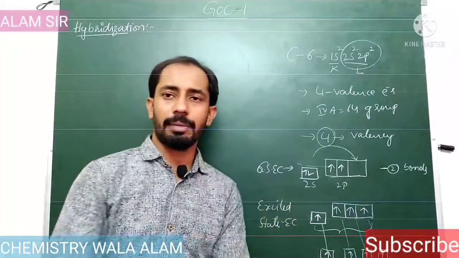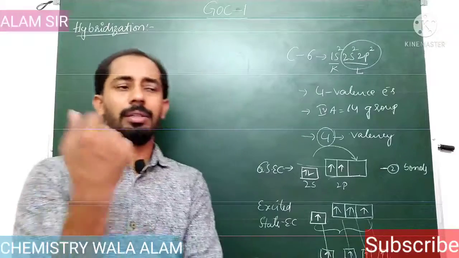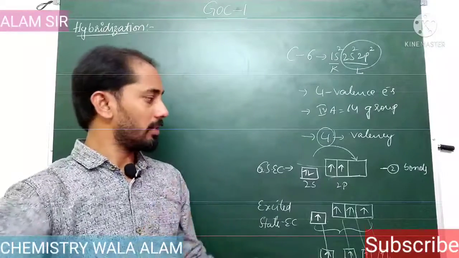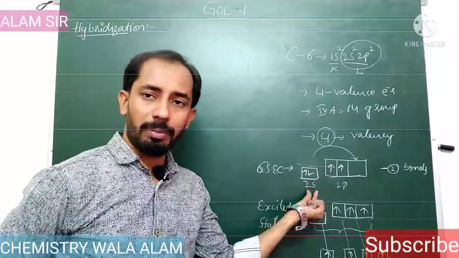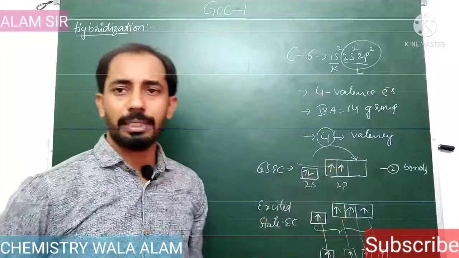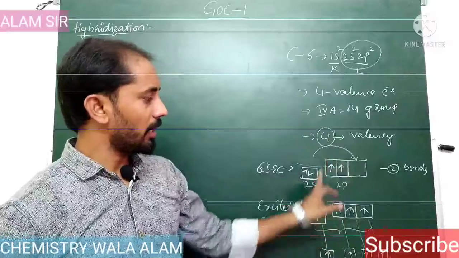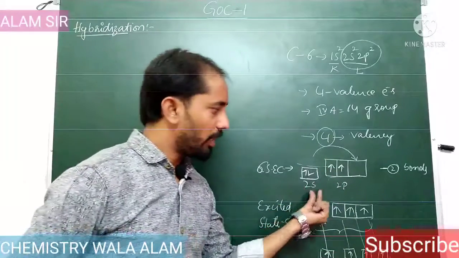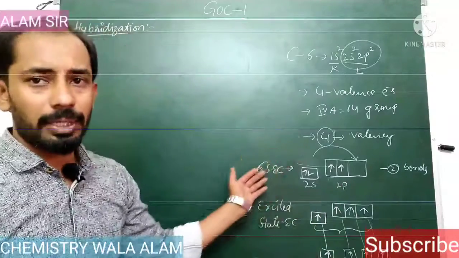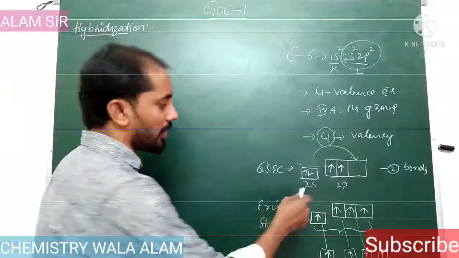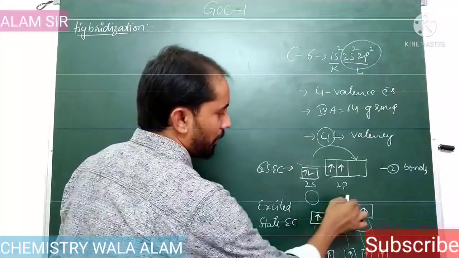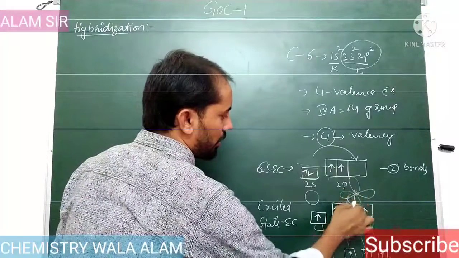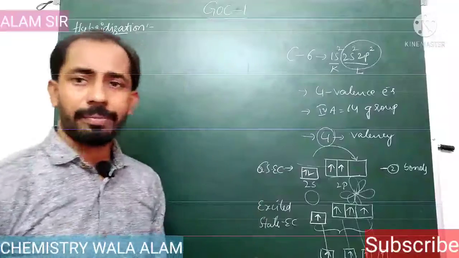These energy levels were already discussed in atomic structure. The orbital having a low n plus l value has low energy, and the one having a high n plus l value has high energy. That's why 2s is low energy and 2p is somewhat higher energy. The 2s orbital is spherical, and the p orbitals are dumbbell shaped along the x-axis, y-axis, and z-axis.